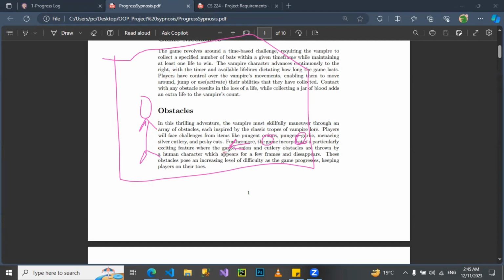These obstacles are going to appear only after a human appears here for 1 or 2 frames and does an animation that places the obstacles for the vampire character to kill the vampire character. This is just a silly feature to add to the lore of the game.